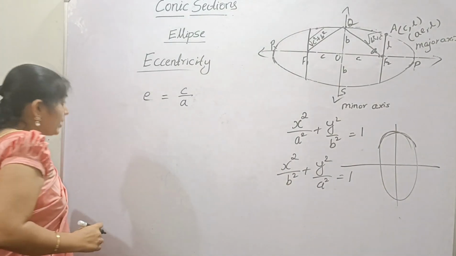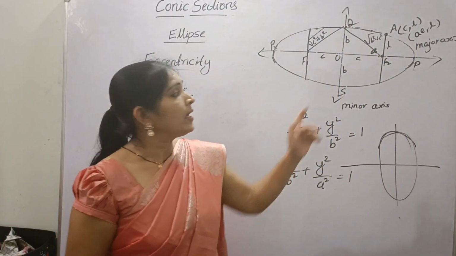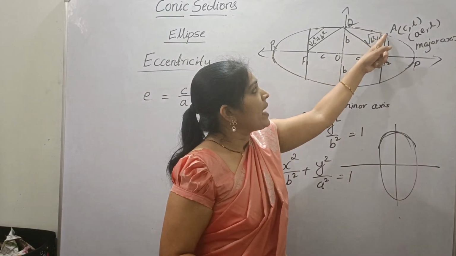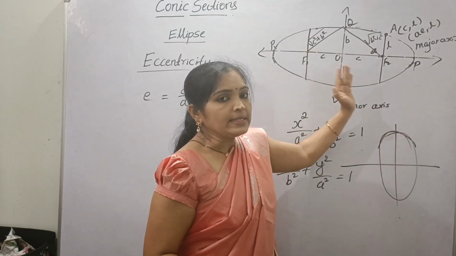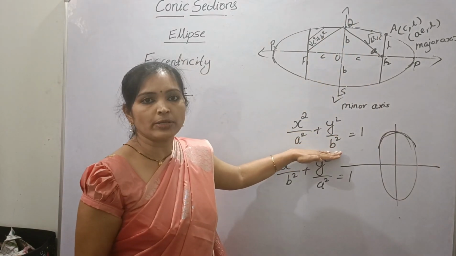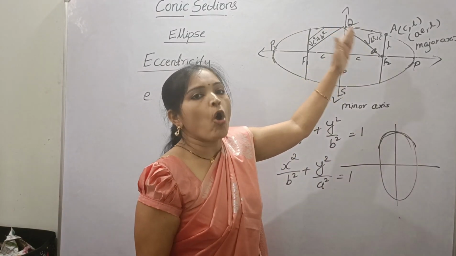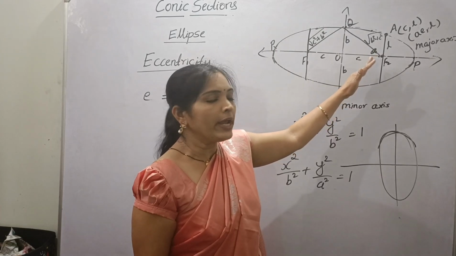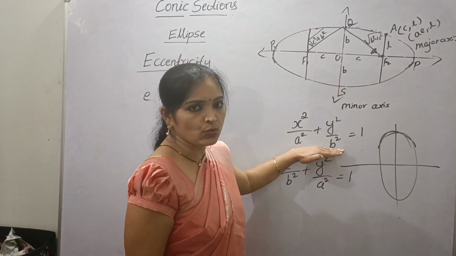Now this point is on the ellipse, right? Since the point (AE, L) is on the ellipse, it should satisfy this equation.